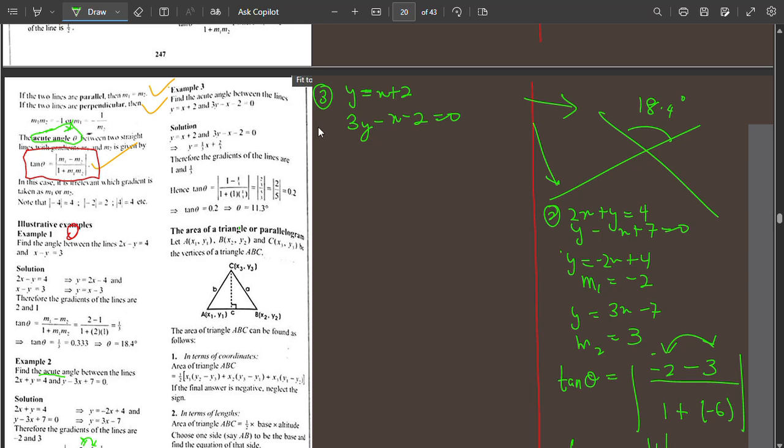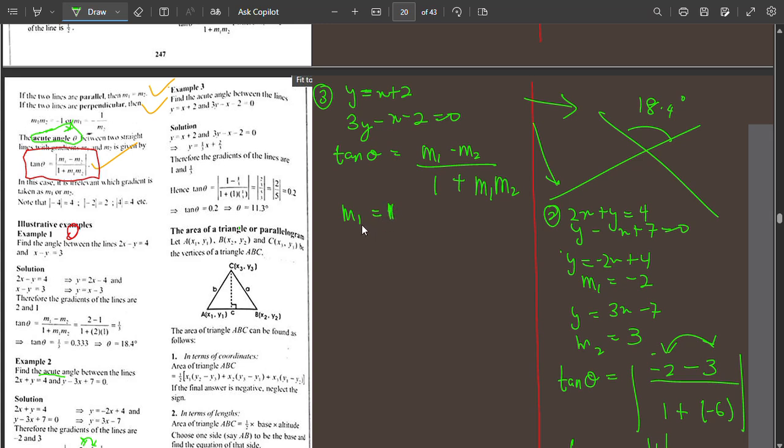We have to find the acute angle between these two, and the formula we're going to use is tan theta is equal to m1 minus m2 over 1 plus m1 m2. So we need to find the gradient of both lines. Equation 1 is already in the form where we can find the gradient. So m1 is just 1 because the coefficient of x is 1.